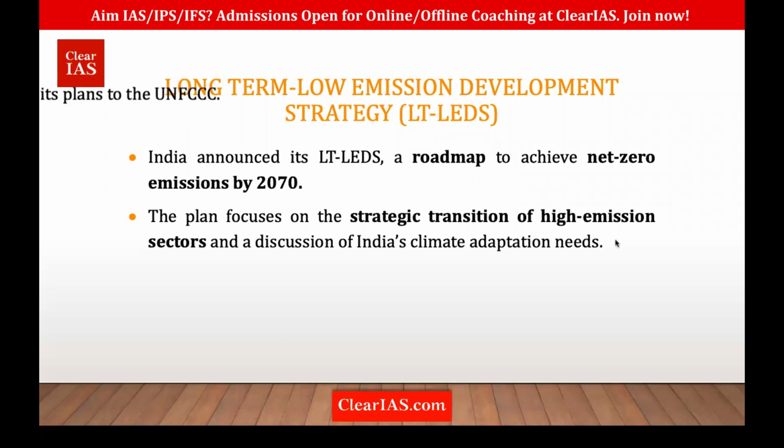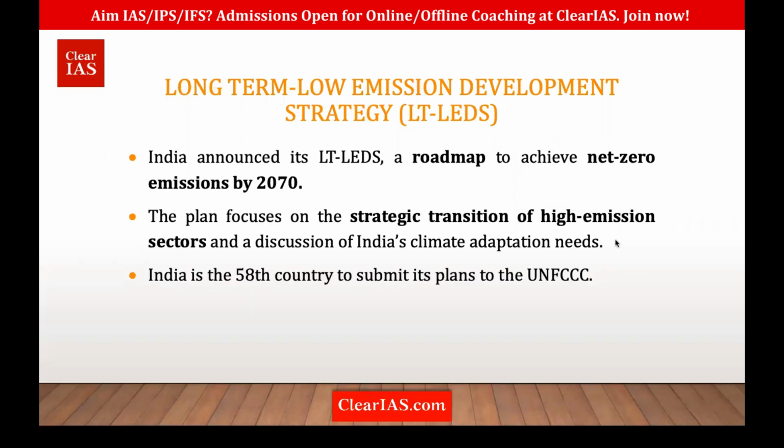It's not just India who submitted, there are other countries. India is the 58th country to submit this plan of LT-LEDS. What is their long-term strategy to tackle climate change? What are the development strategies? India's roadmap is based on their target of net zero by 2070. That is LT-LEDS.